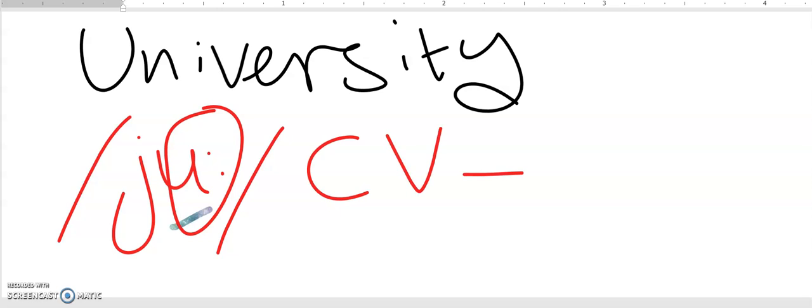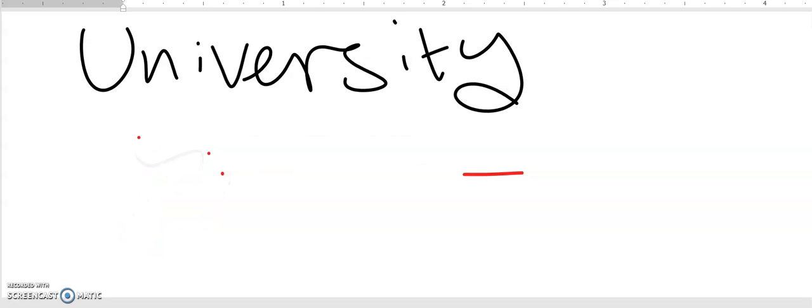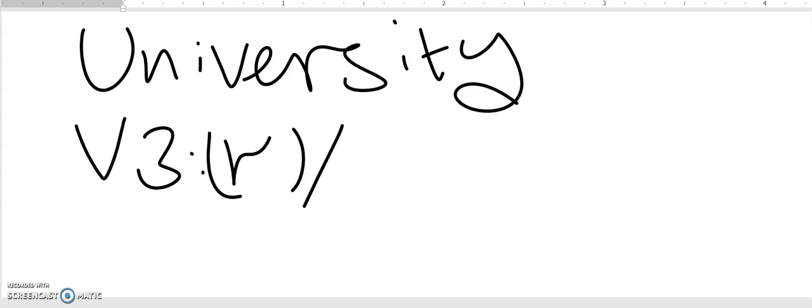Let's see now the second one, which is ni, and the third one, ver. I'll tell you now about the story of these brackets. I put the R sound between brackets just to make a difference between the American pronunciation of the word and the British pronunciation.